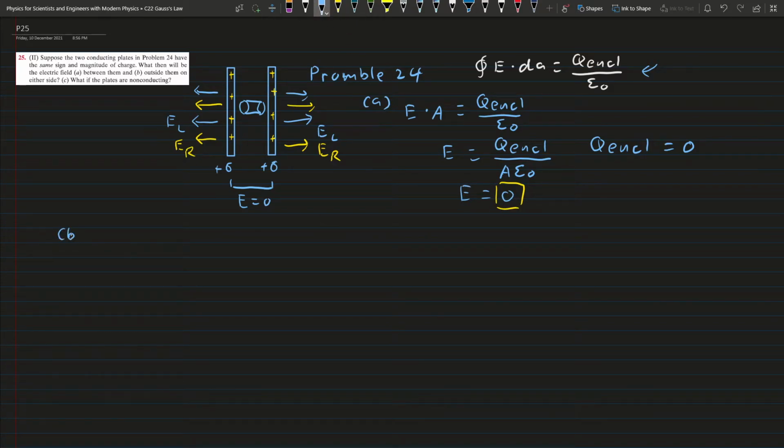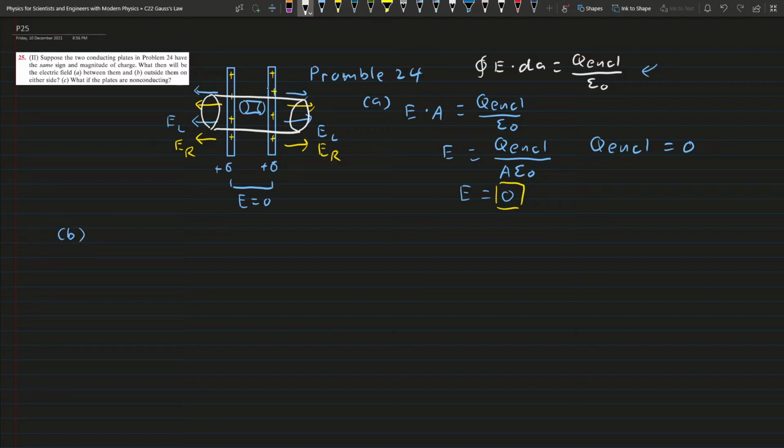Now B asks about the outside of either side. So in this case, since it is symmetric, we can take another bigger cylinder that encloses some charge, and also at the outside of this plate here.